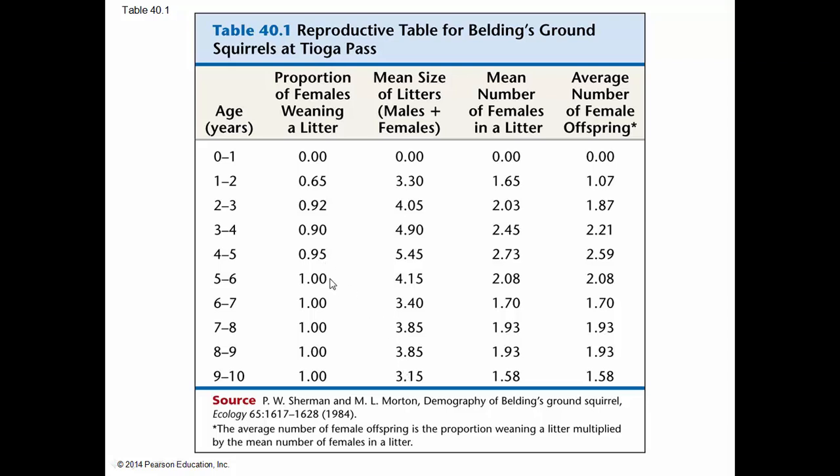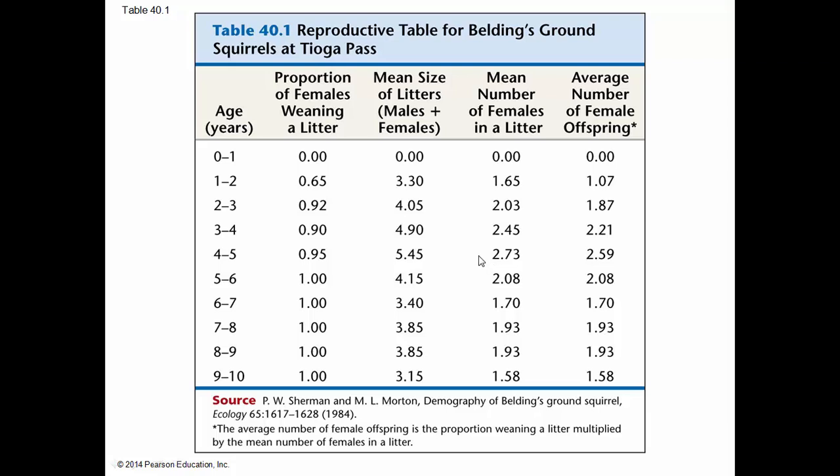So they're having a greater proportion of the population, but a smaller number of offspring in those litters. So there's basically your prime age of having offspring, litter size, and proportion of females weaning in the litter is around 4 to 6 years of age. That's where you got high litter size and high proportion of the females weaning.